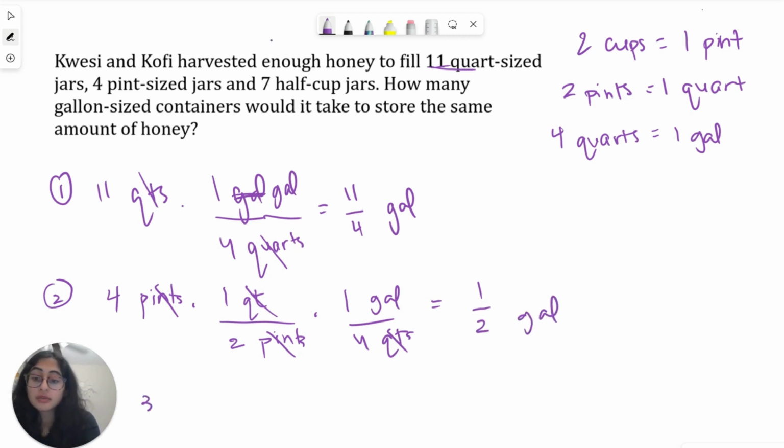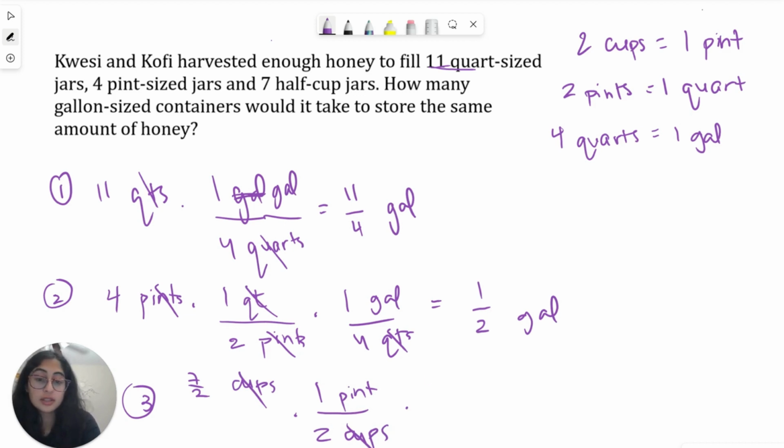And then for our last one, we have 7 half cups. 7 times 1/2 is equal to 7 halves of a cup. We want to convert this to gallons as well. We know that 1 pint is equal to 2 cups, so we can multiply by this conversion factor, and the cups will cancel out.